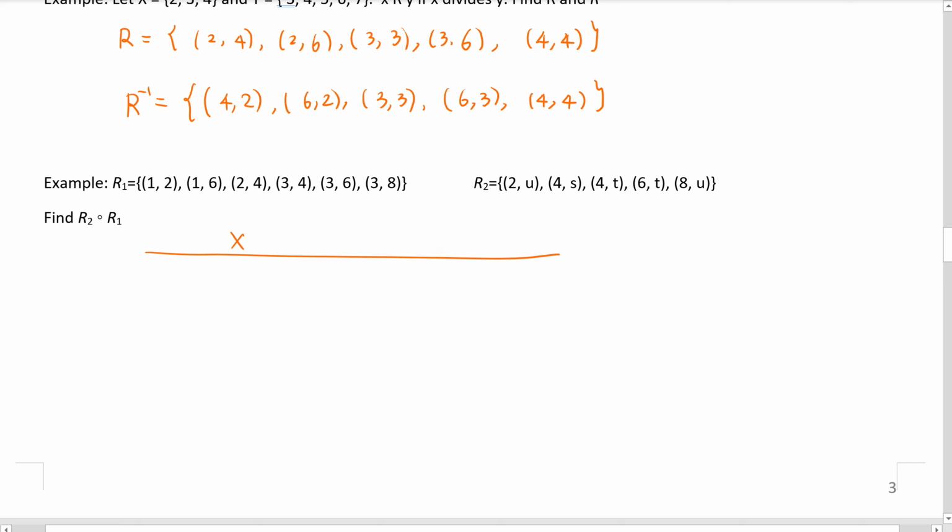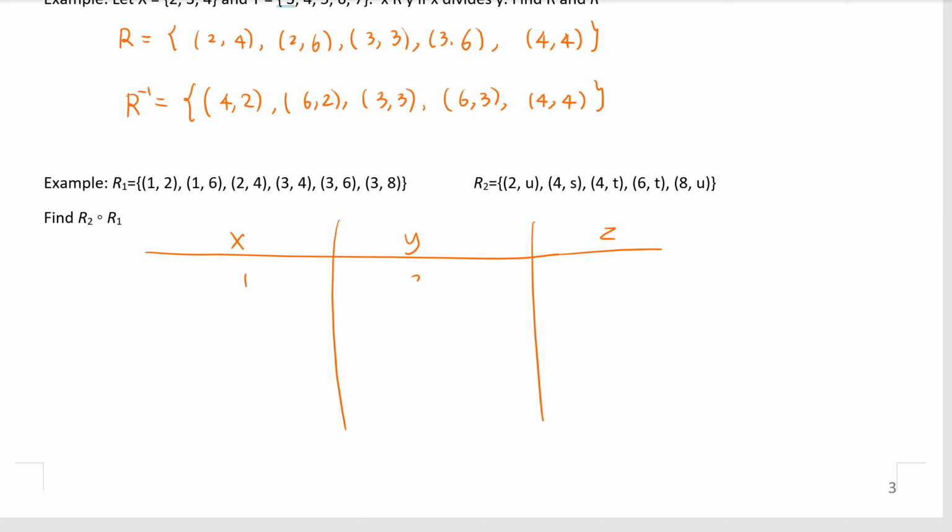So we have X, Y, and Z. 1 maps to 2. 1 can also map to 6. 2 maps to 4. 3 maps to 4. 3 also maps to 6. 3 also maps to 8. Okay, so that is R1.